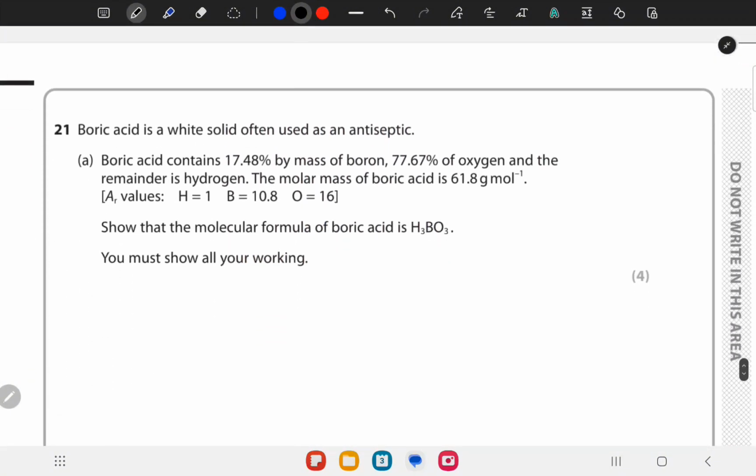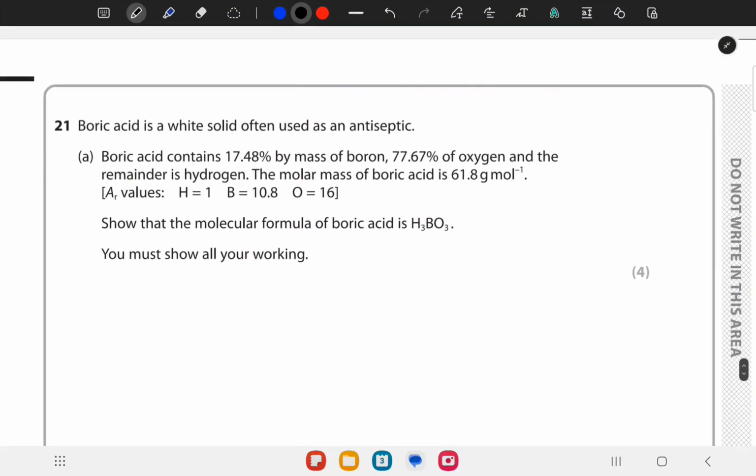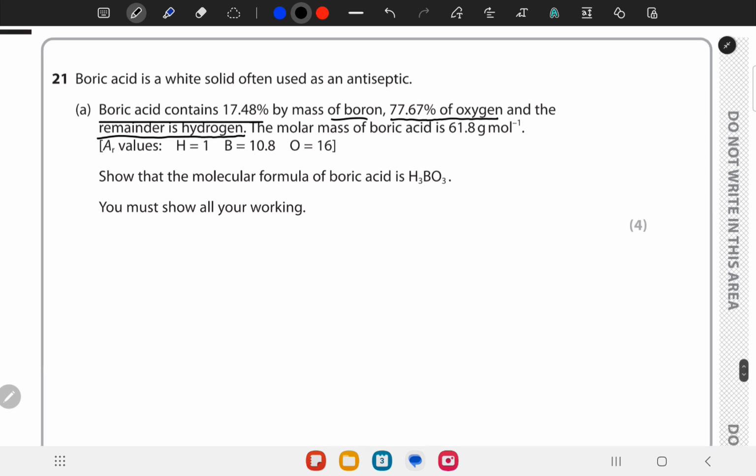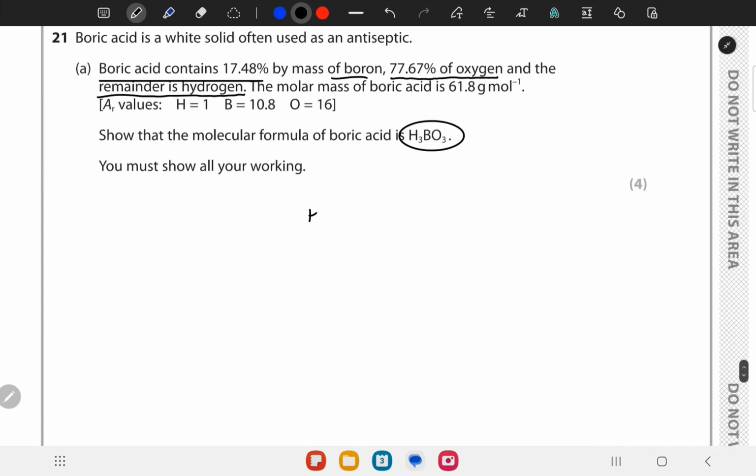Now moving to question 21, we are told that boric acid contains 17.48% mass of boron and 77.67% of oxygen, and the rest of it is hydrogen. We have to show that its molecular formula is H3BO3. So if we make our table, we have percentage by mass.